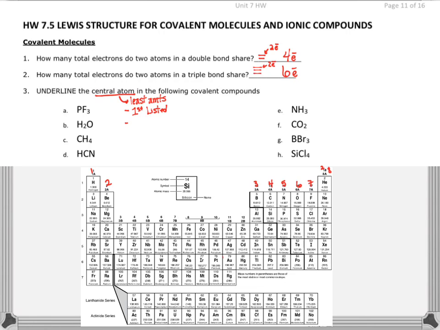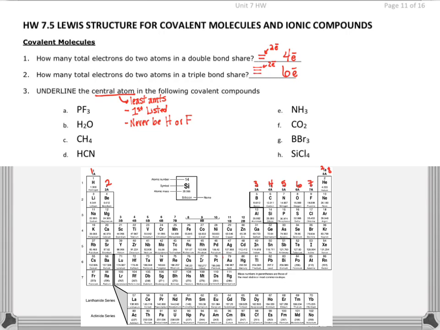However, it will never be hydrogen or fluorine. Okay, so if you have hydrogen or fluorine listed first, skip it and go on to the next one, and that can be your central atom.